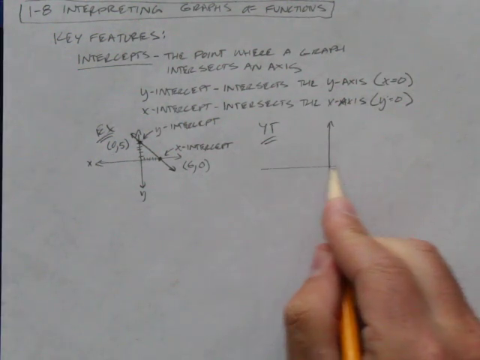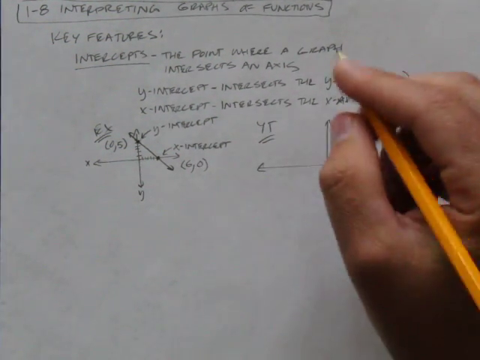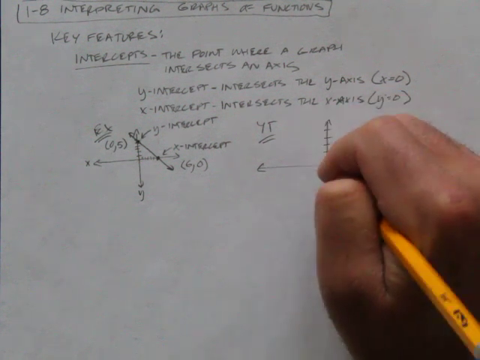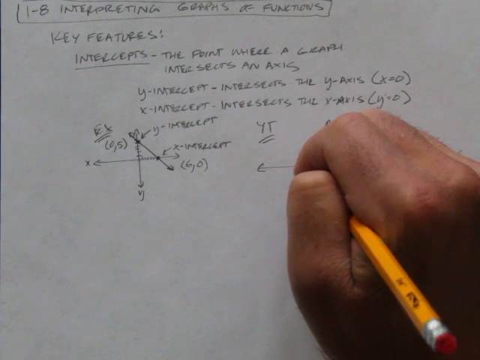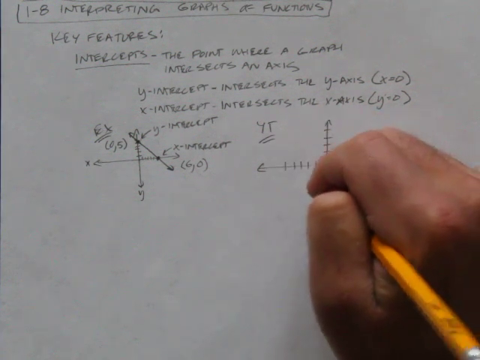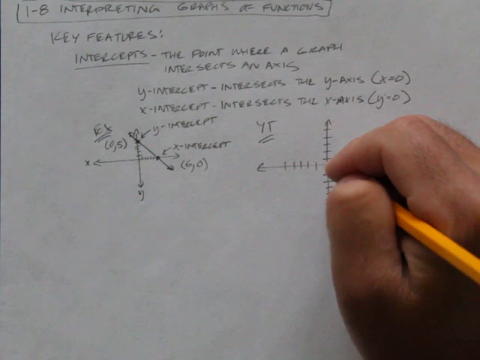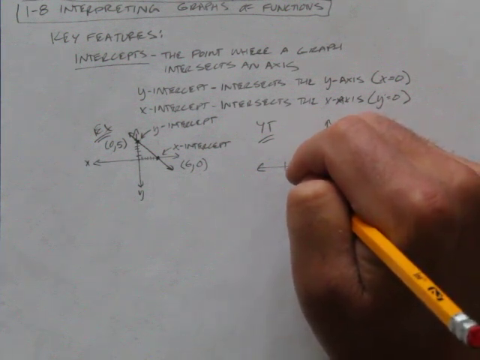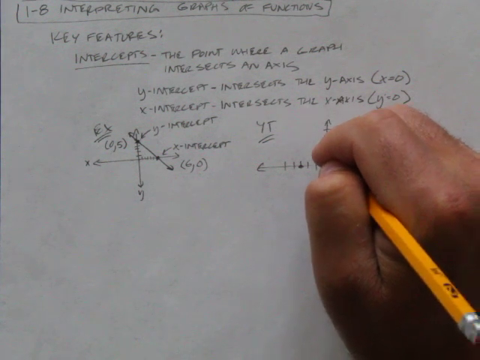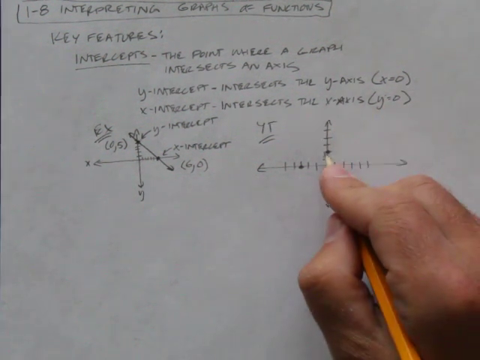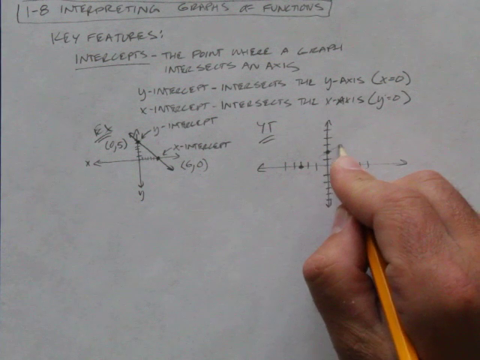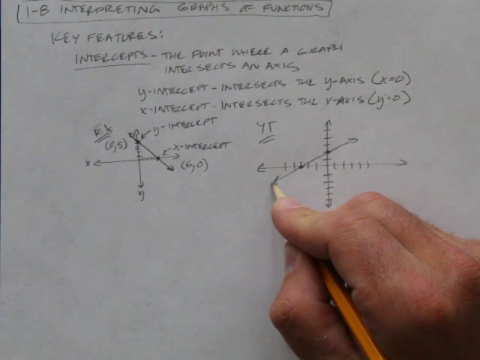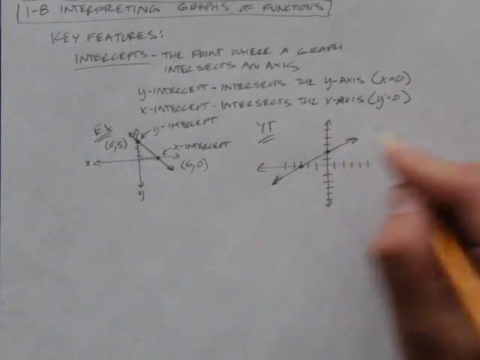Let's draw another coordinate plane. Let's go 5 notches on each: 2, 3, 4, 5. Now let's go to -3: 1, 2, 3, 0. And let's go to 1, 2. Let's draw a line that goes right here, and it's a line, so it needs arrows on each side.